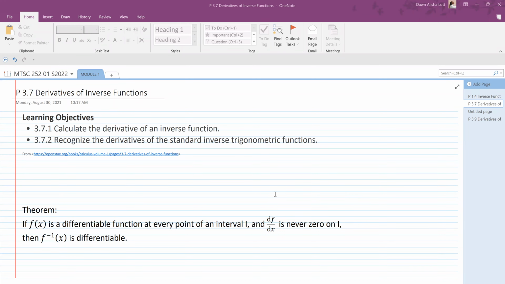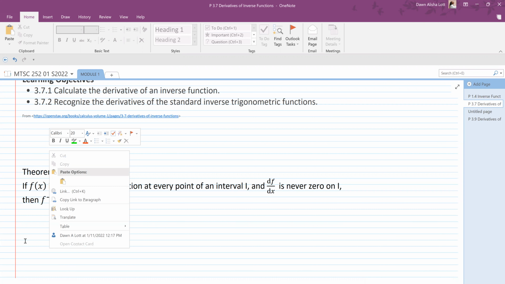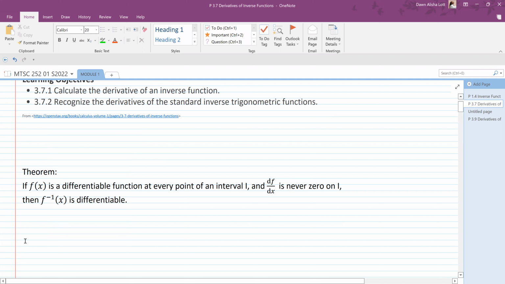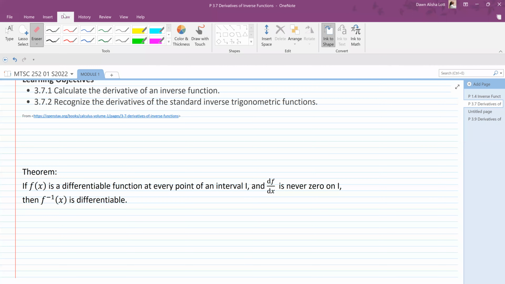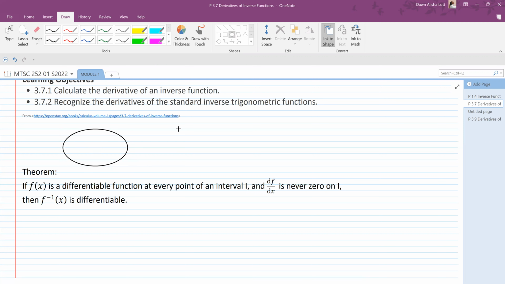Okay, so when we talk about inverse functions, we're basically talking about a function. So we know that the function must be one-to-one, okay? And also what we call onto in order for it to be able to have an inverse. So I have a domain over here, and I have some range over here.